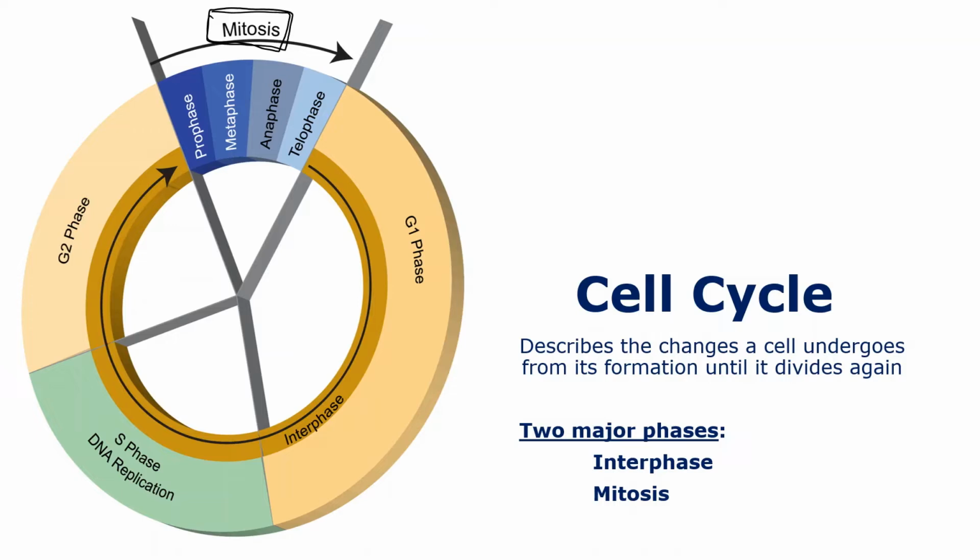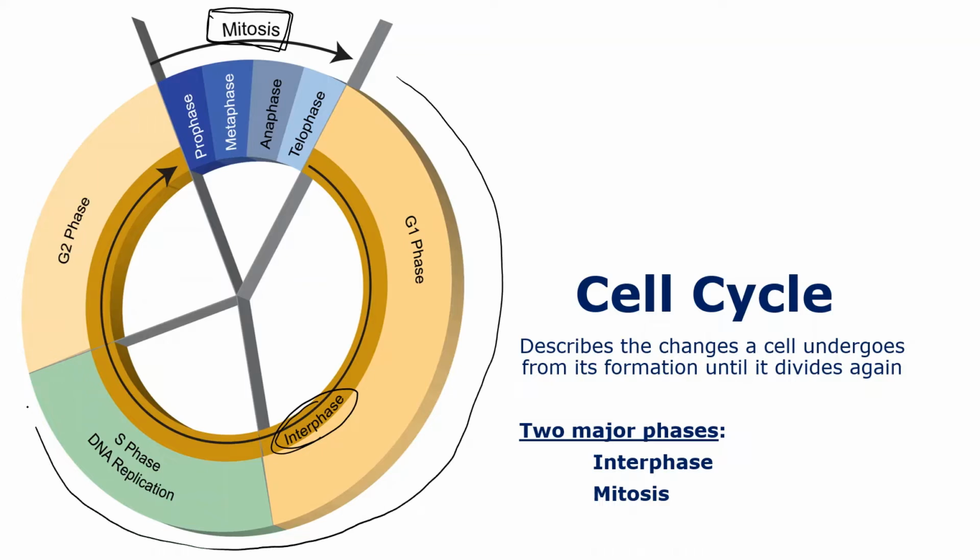But here's the term interphase, and it's actually all of this all the way around to here. So a better way to see it is most of the time a cell is in interphase, and then a little bit of time it goes into this multi-phase process called mitosis.